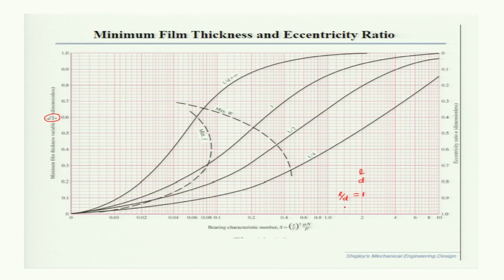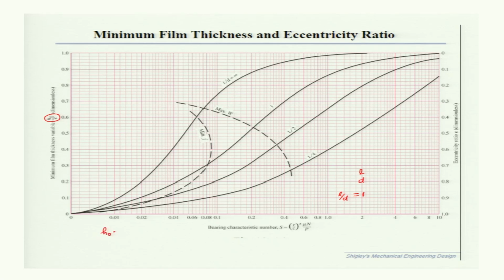Corresponding to different L by D ratio, you will have a curve, and corresponding to a Sommerfeld number and a particular value of L by D ratio selected, you will get the value of H0, and knowing the clearance C, you will get the value of H0.